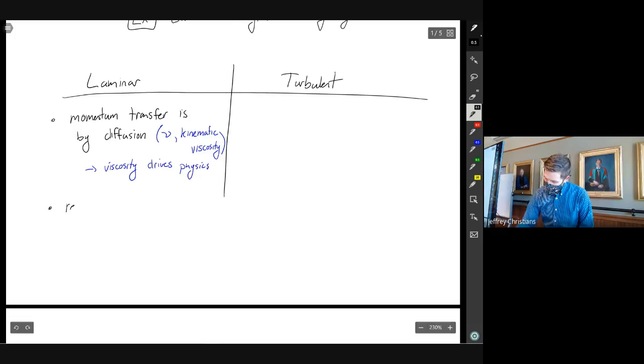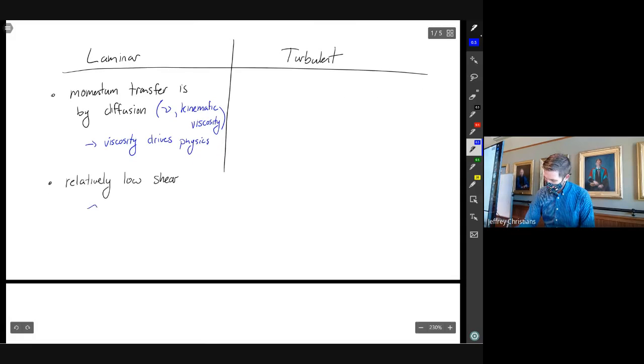We also have relatively low shears. What do I mean by that? The shear stress is du dy.